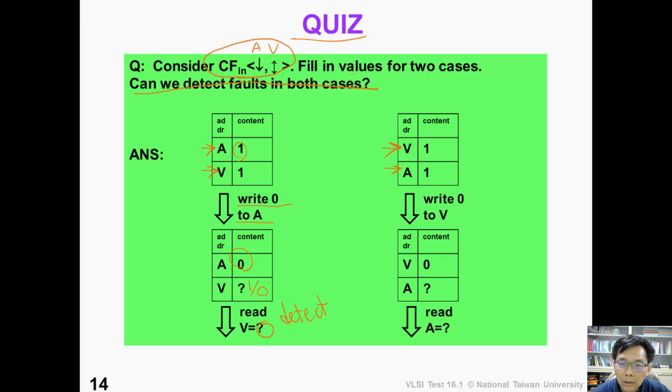On the other hand, if the victim cell is in the first row, when we write a 0 to the victim cell, we create a falling transition in the victim cell. But this falling transition in the victim cell does not affect the value of A, so the aggressor is still 1. When we read the value of the aggressor, the fault is not detected.